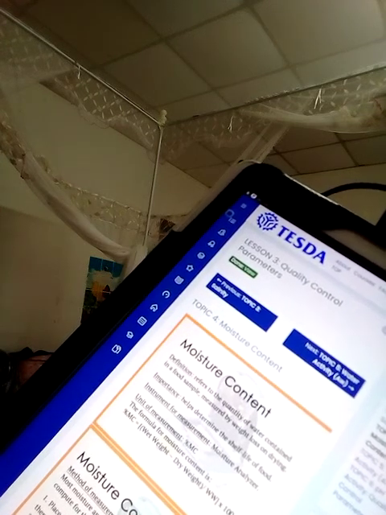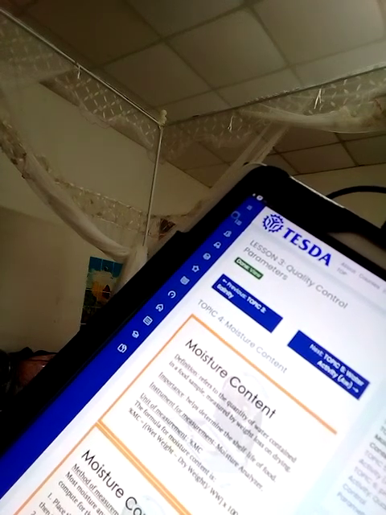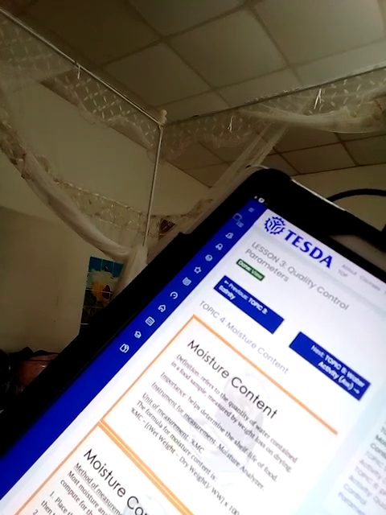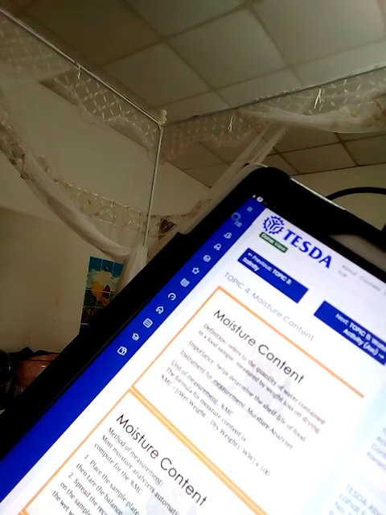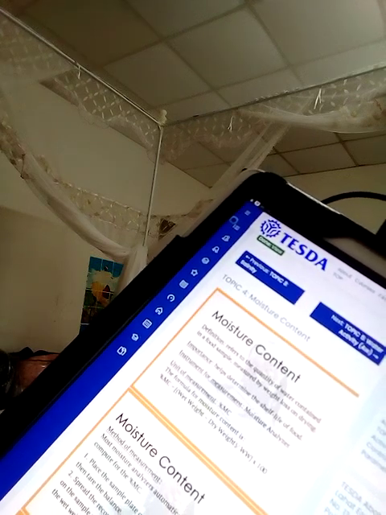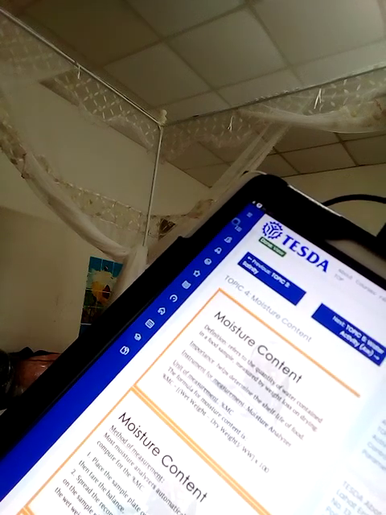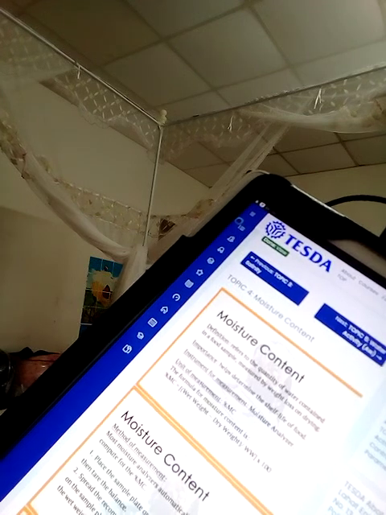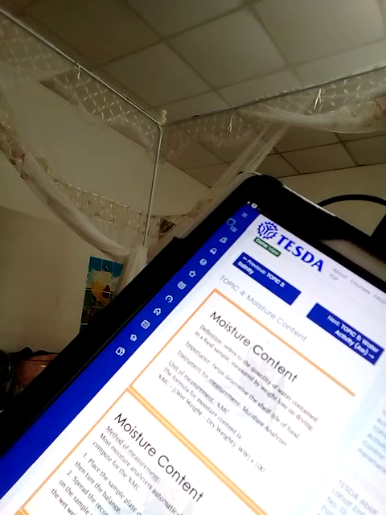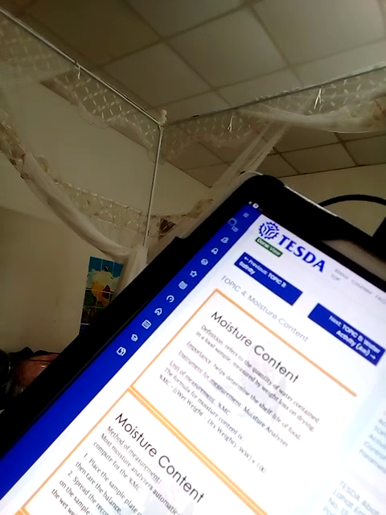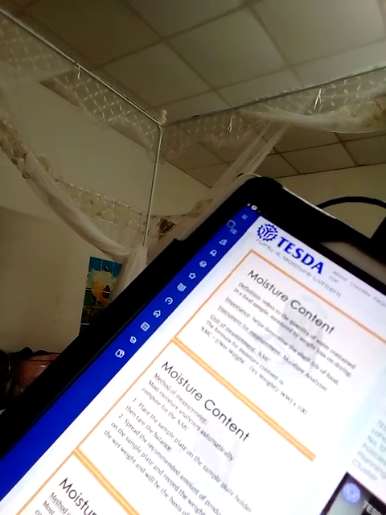Unit of measurement is percentage of MC, moisture content. The formula is percent moisture content equals wet weight minus dry weight, over wet weight, times 100.